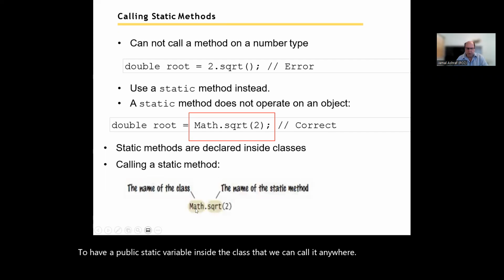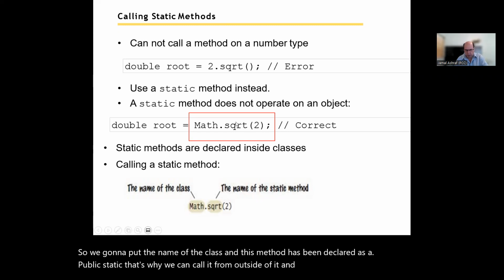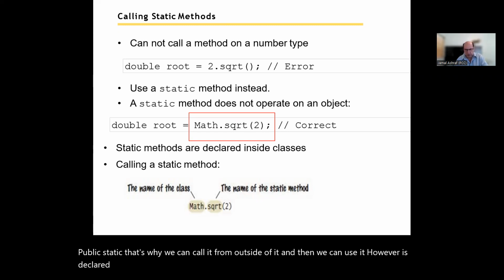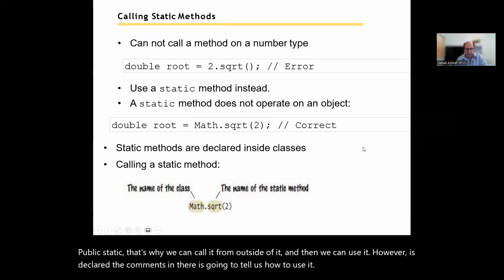So we're going to put the name of the class, and this method has been declared as public static. That's why we can call it from outside of it, and then we can use it. However, it's declared, the comments in there are going to tell us how to use it.